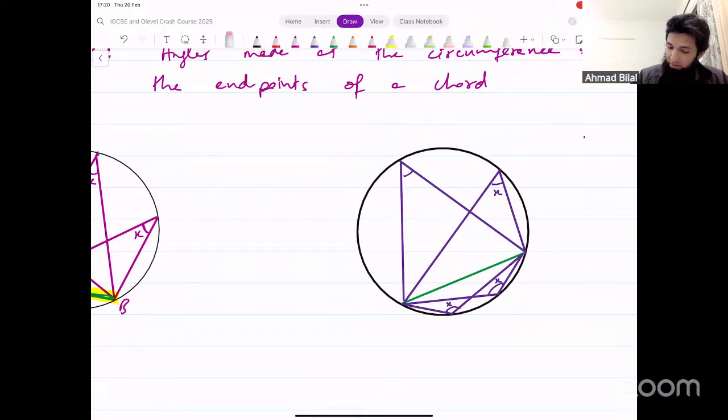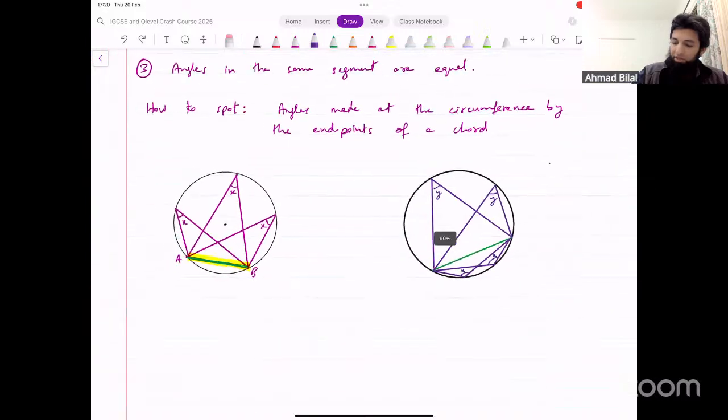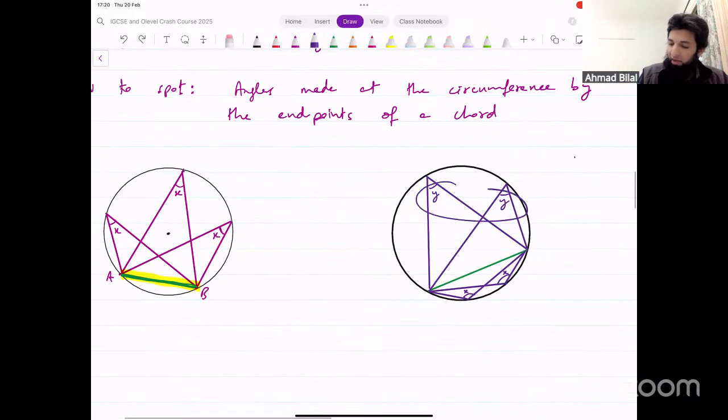Let's actually call them something else. Let's call them y. These two are equal to each other, and these two are equal to each other. Okay? Because the angles y are in the same segment according to that green line, and the angles x here are in the same segment with each other. That's a different one. Okay?